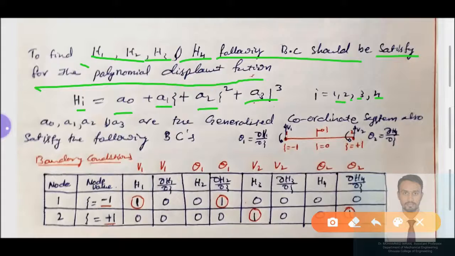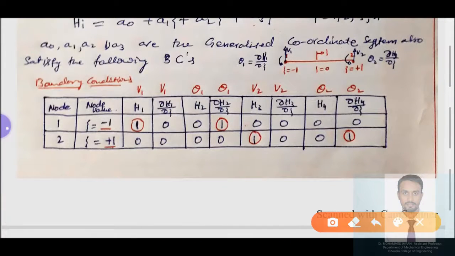How will we consider boundary conditions here? As we have converted the beam element from the global coordinate system to the natural coordinate system, we can check at node number 1 the transverse displacement v1 and rotation theta 1, which is equal to dou h1 by dou zeta. In the previous case we took dou v1 by dou x equal to theta 1, but here we need to find the Hermite shape function h.